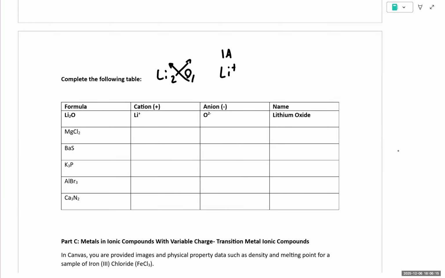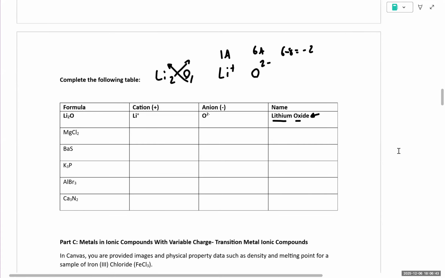This gives us lithium plus, which matches the expected +1 charge for a 1A element, and O 2 minus, which matches the predicted -2 charge for a 6A element anion. To name these kinds of binary ionic compounds, you name the cation, then you name the anion, replacing the ending with IDE. Let's do another example.